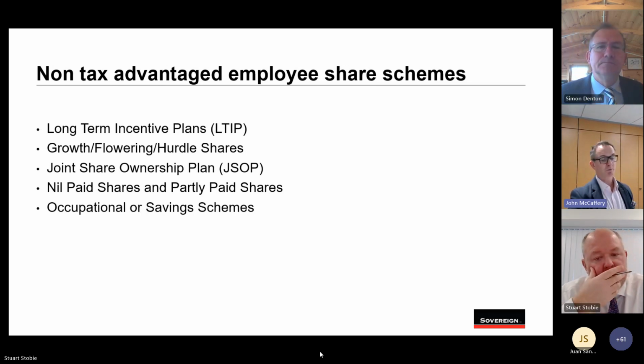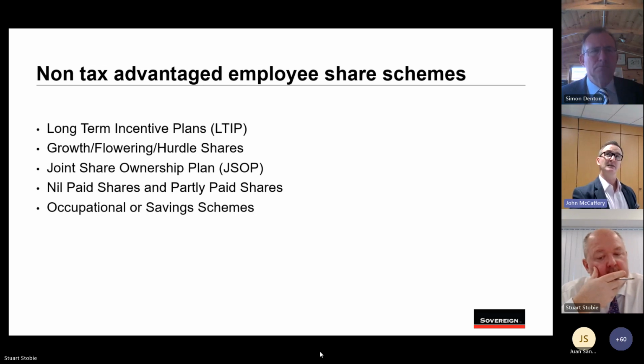Now, what's probably of interest here is when you're doing this, you're generally giving smaller minority holdings in companies. And the individual is taxed on the market value, but the market value can be discounted quite substantially from a tax point of view based on the level of influence and the size of shareholding.